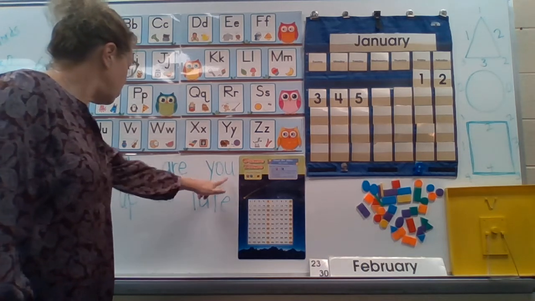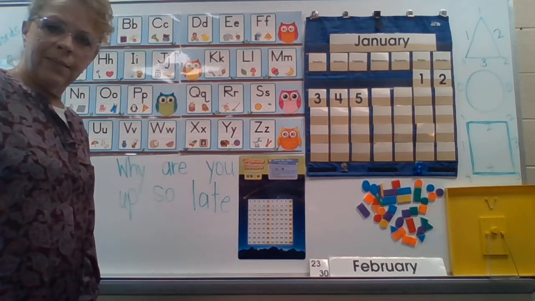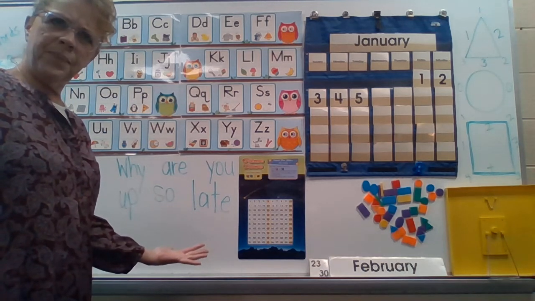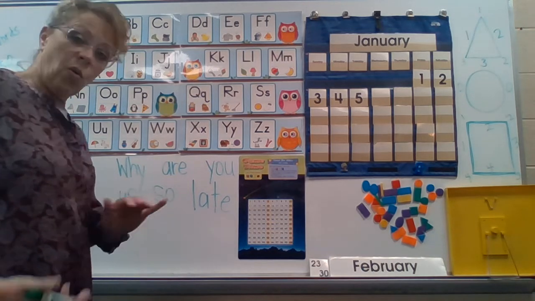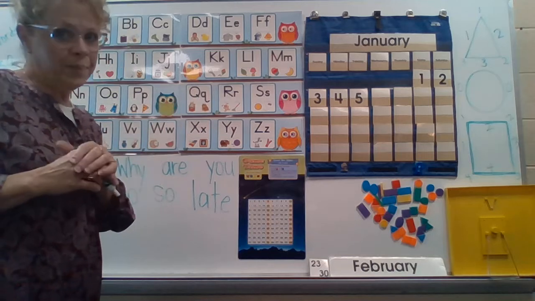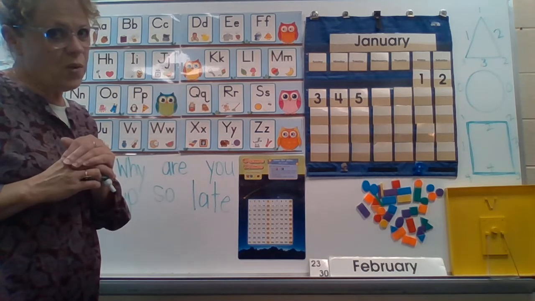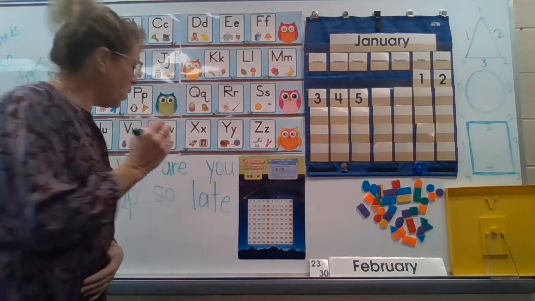Why are you up so late? What kind of mark do I need? Well, why is a question word. If you start your sentence with why, asking a question, I think we need a question mark. Do you remember how to make a question mark?